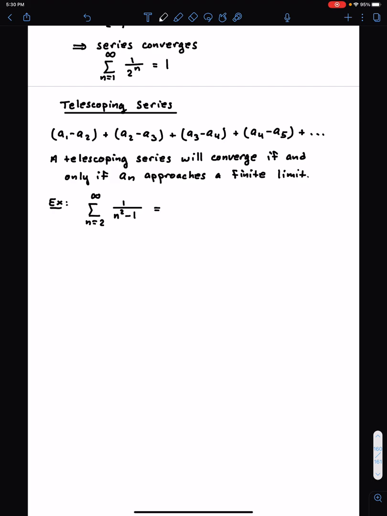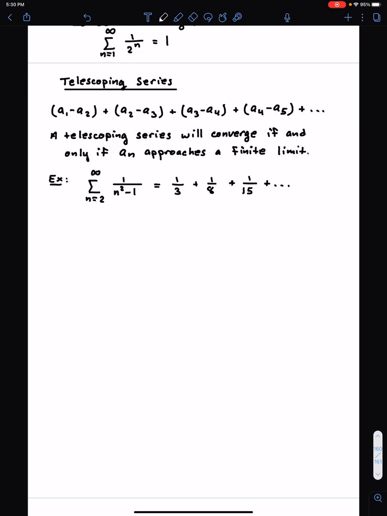So if I write out a few terms, the first term is 1/3. The next term is 1/8. The next term is 1/15, and so on. I can't tell if it's telescoping yet, but I can factor the denominator.